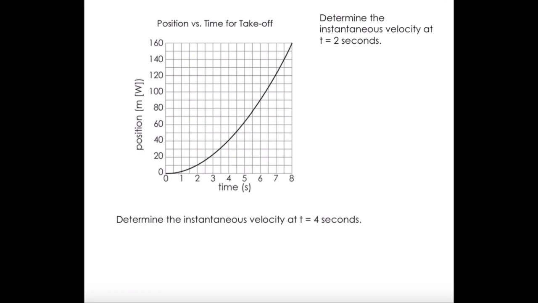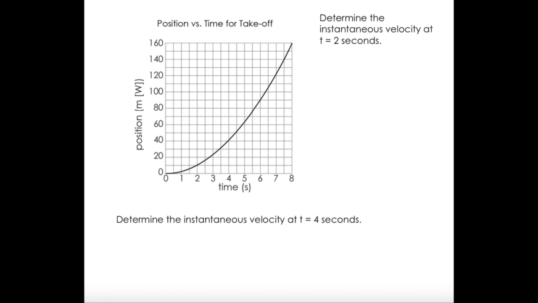So if we were going to determine the instantaneous velocity at the different times given here, we're going to work through these, drawing in the tangent lines and then finding the slope of those tangent lines. The first one, determine the instantaneous velocity at t equals 2 seconds.